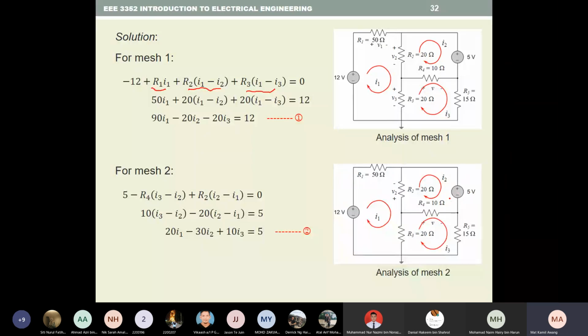So minus R4 times I3 minus I2 plus R2 times I2 minus I1 equal to 0. So basically this, right? Okay.